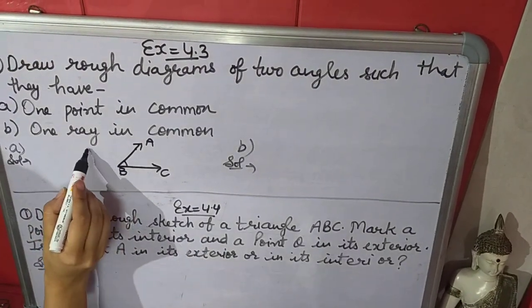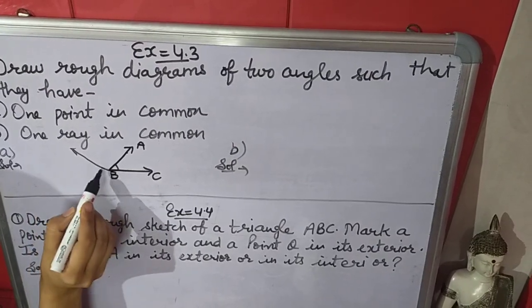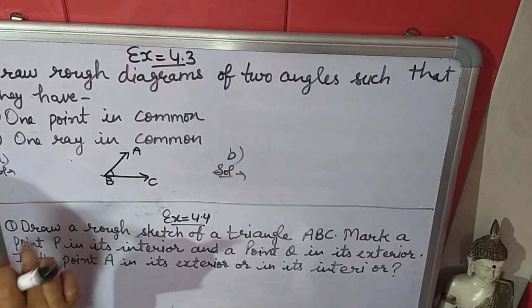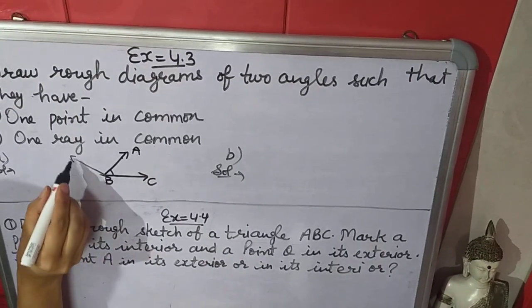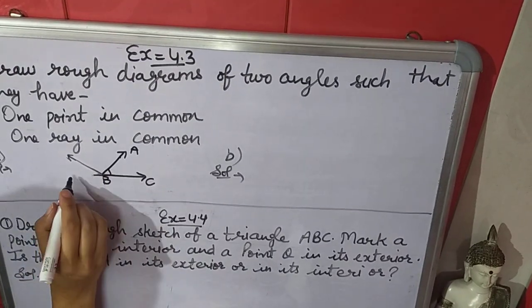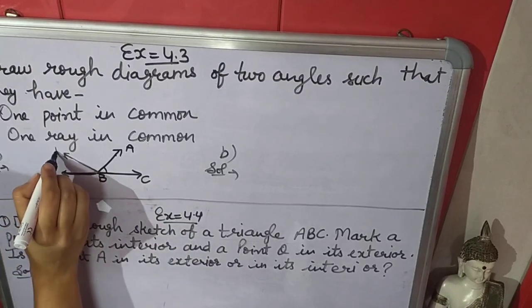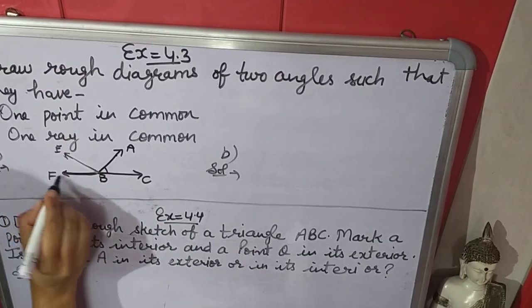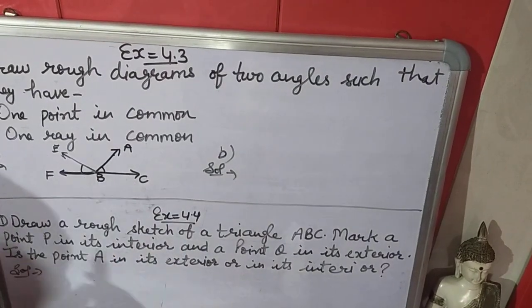So I am making another angle here, and I am giving names E, F. This is another angle. Now two angles here, angle 1, angle 2.